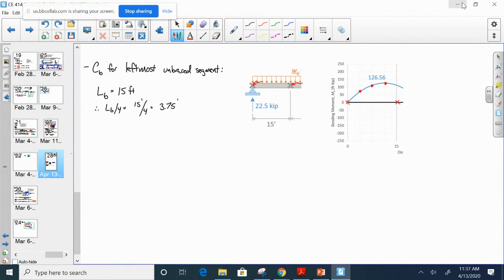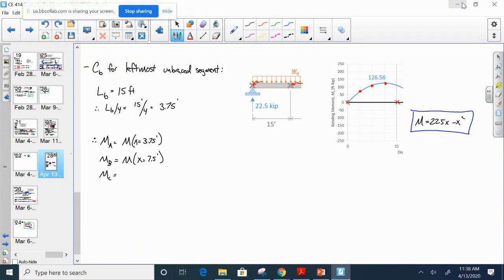Now remember, our equation is 22.5x minus x squared. So that's the expression we're going to use. So MA is M at x equals 3.75 feet. MB is M at x equals 7.5 feet.